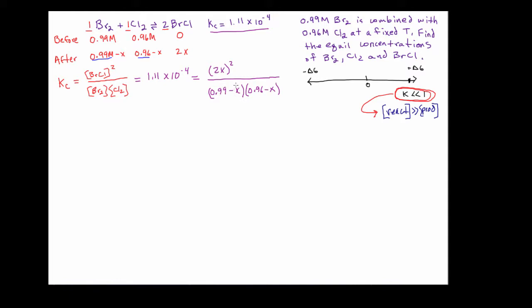So we're going to come into these sums, and what we're arguing here is that when we subtract this x value from 0.99, the amount that 0.99 is going to actually change is going to be small enough that we can ignore the x. So we're going to pull both of the x values out of the sum, and I'm going to rewrite my equation the following way.